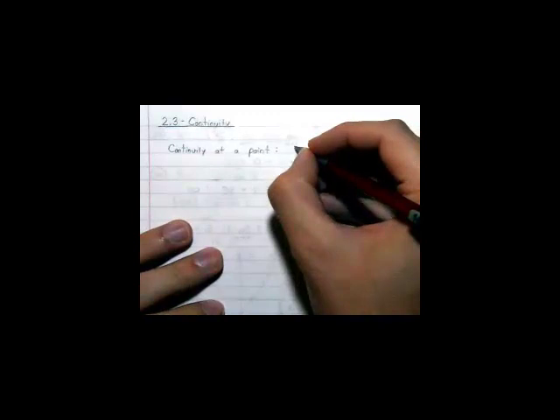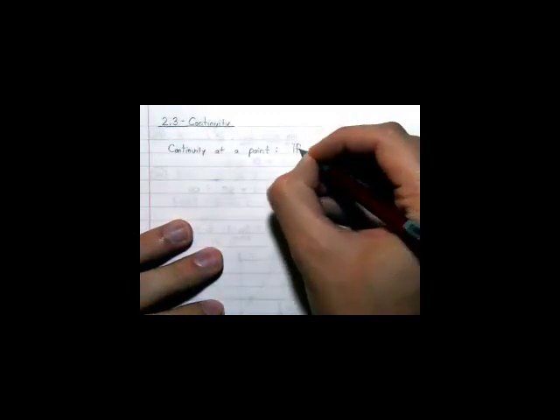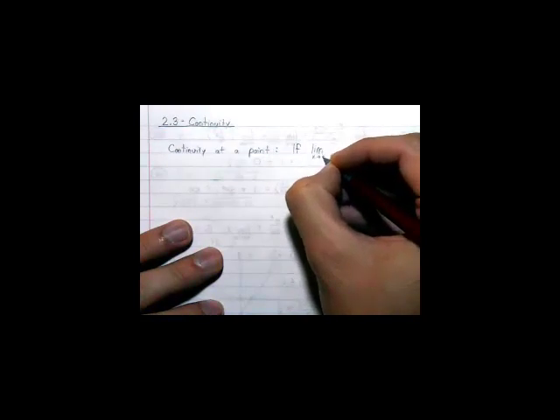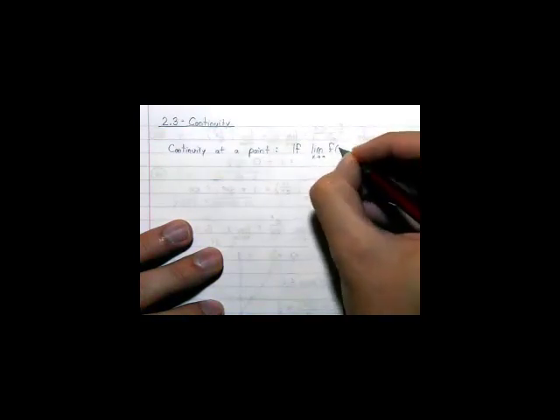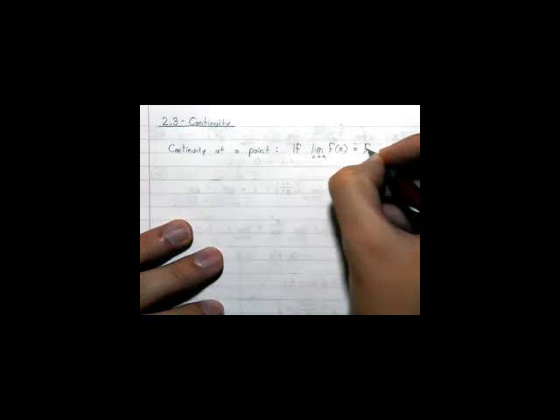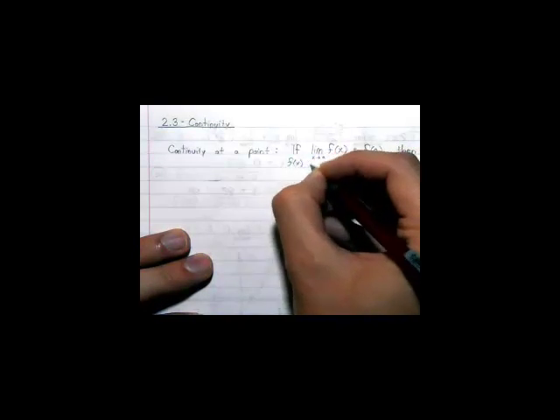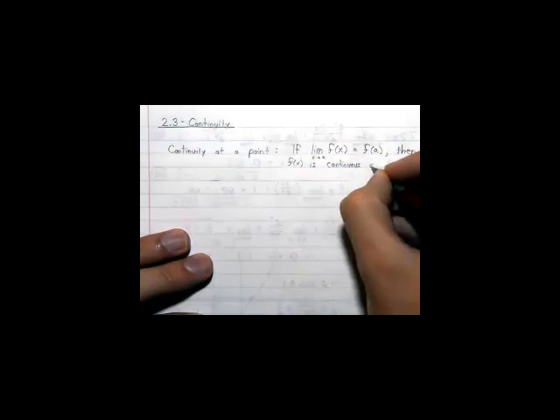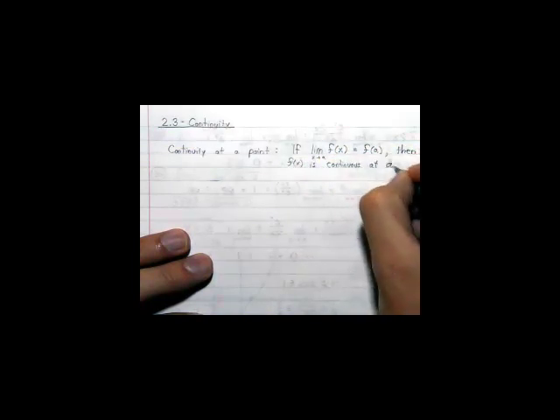Okay, so basically it's this. You have to have a few things happening all at the same time. So if the limit as x approaches a of f of x is equal to f of a, then f of x is continuous at a.